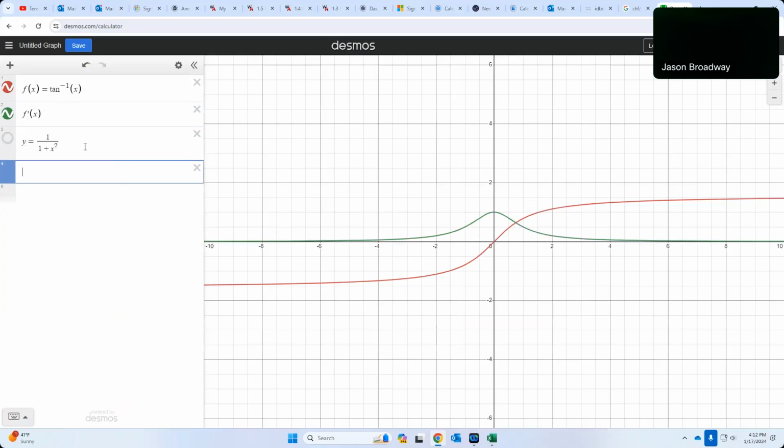But from pre-calc, notice you can tell the slopes are always positive. As you go right, you're going up. Your slope at the origin is 1, by the way. Your slope actually goes to 0 as you go toward negative or positive infinity. Like f prime of 1,000 would be darn small, 10 to the negative 7th power, or 10 to the negative 6th power, or something.